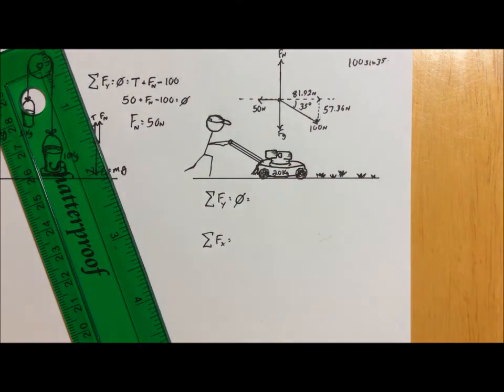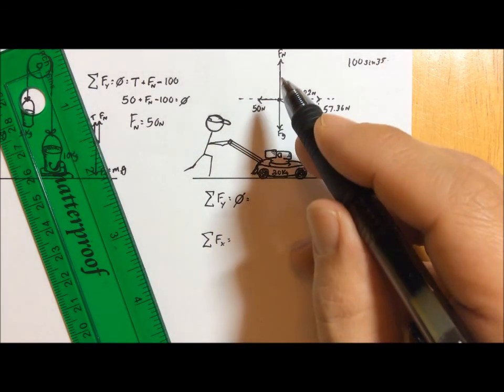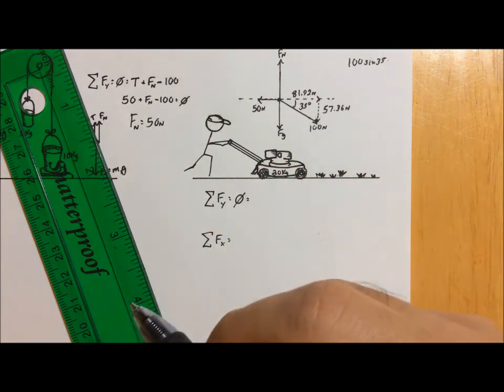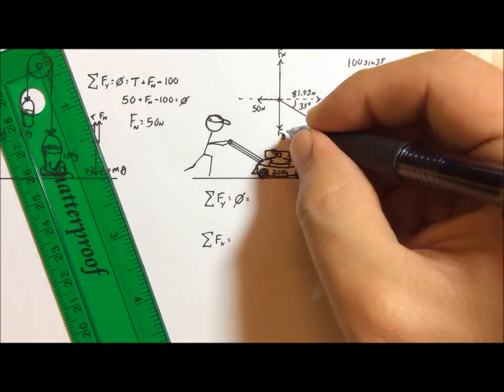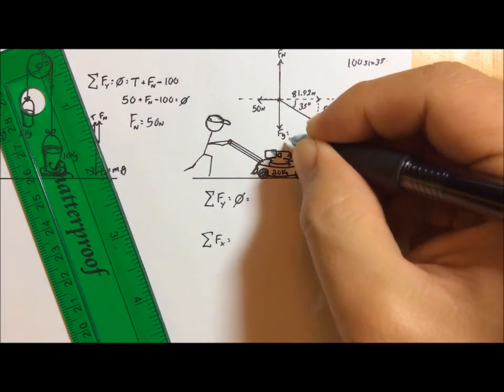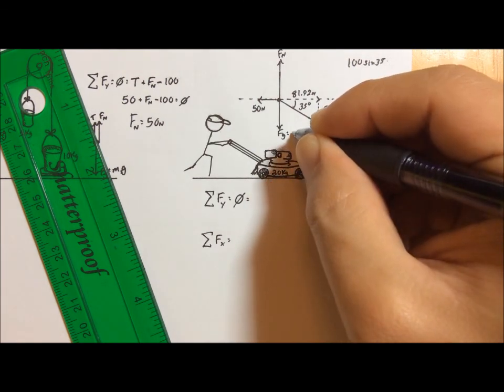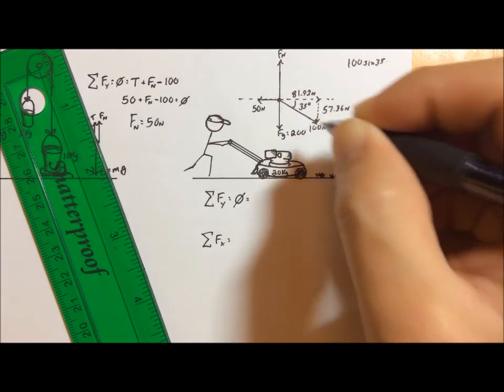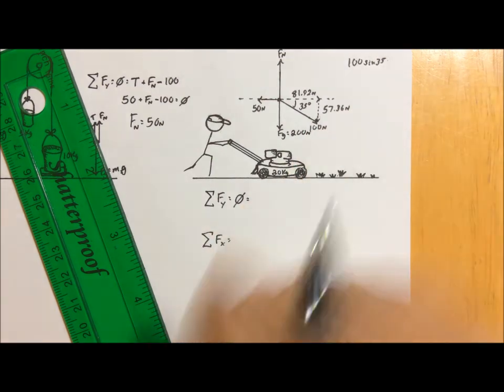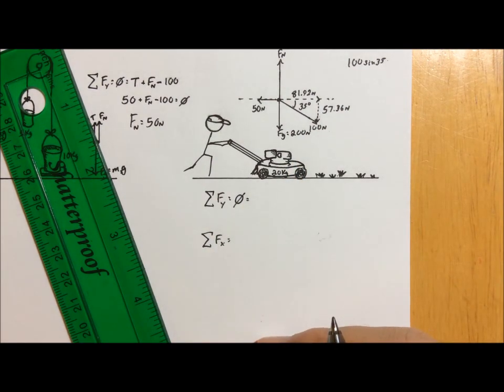And how many forces do we have? I see 1, 2, 3 in the vertical. Fg is going to be 20 times 10, so 200 newtons. Let's say upwards is positive.